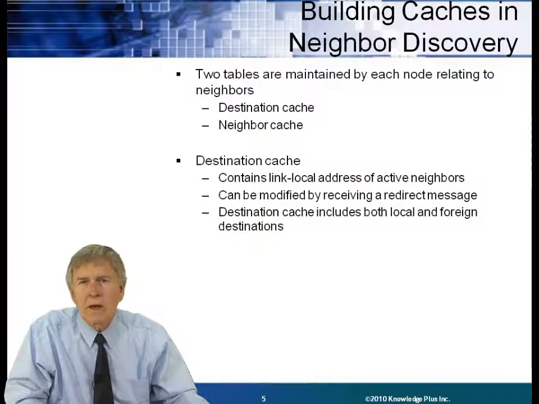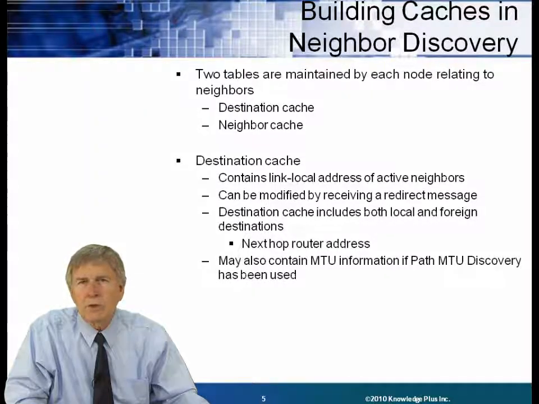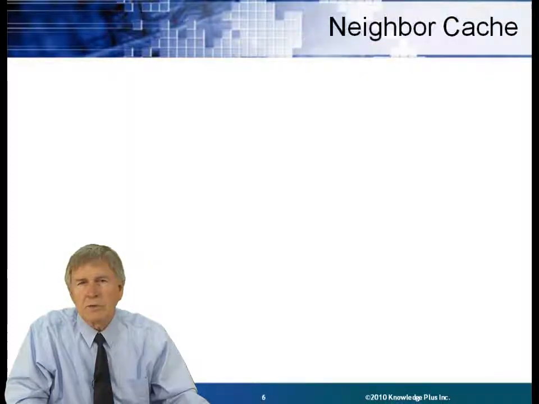The destination caches include both local and foreign destinations. It also includes the next hop router address in a multi-hop type of transit. It may also contain information like the MTU information if path MTU discovery has been used.